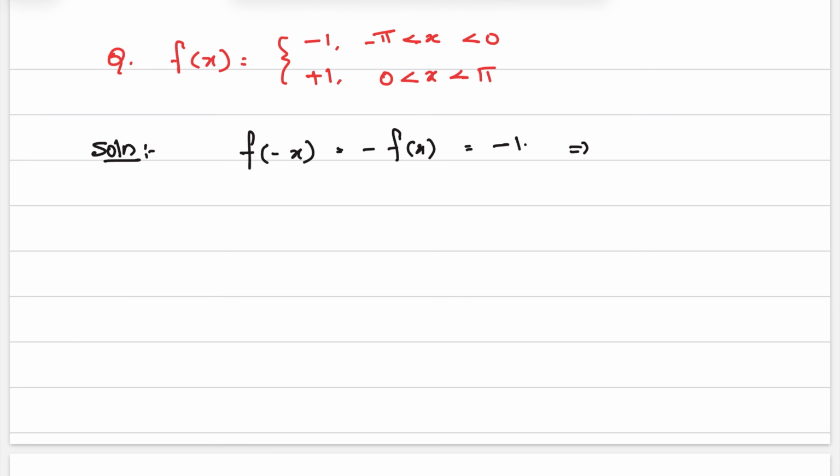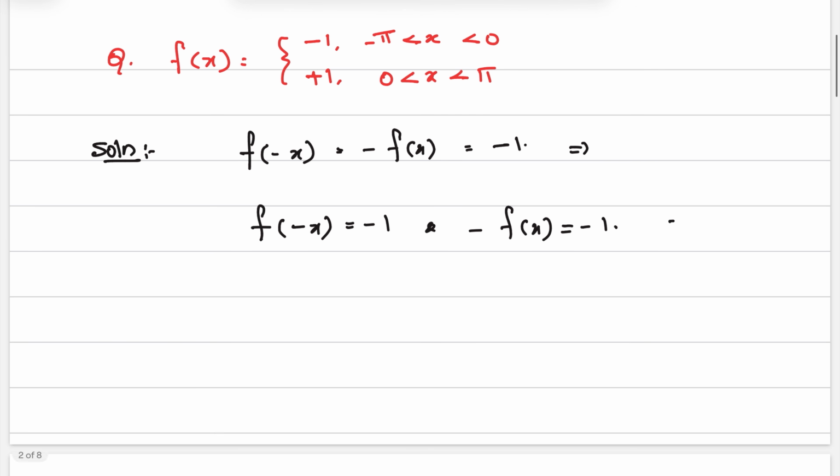That implies f(minus x) is equal to minus 1 and minus of f(x) is equal to minus 1. That implies f(x) is an odd function.